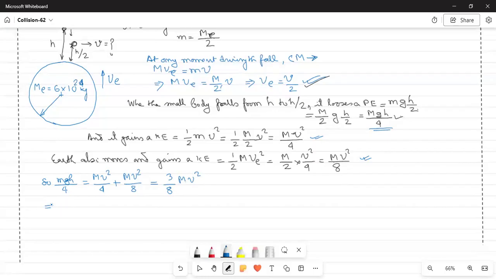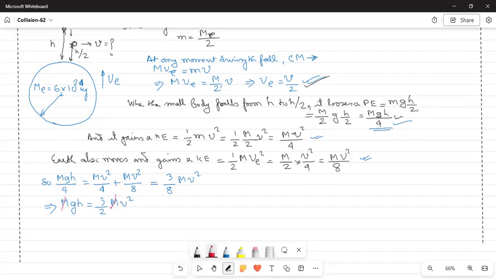From here we get, sorry, I made a small mistake, this was capital M g h. This value was capital M g h. So capital M g h is equal to 3 by 8 capital M v square.